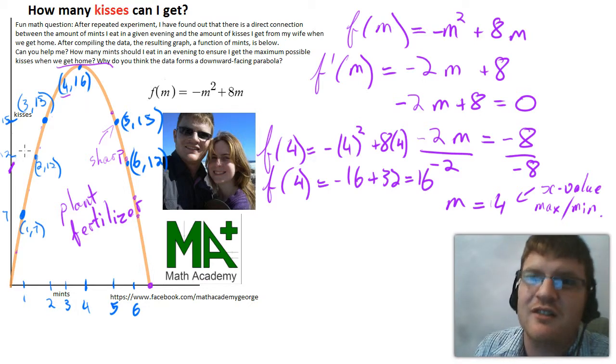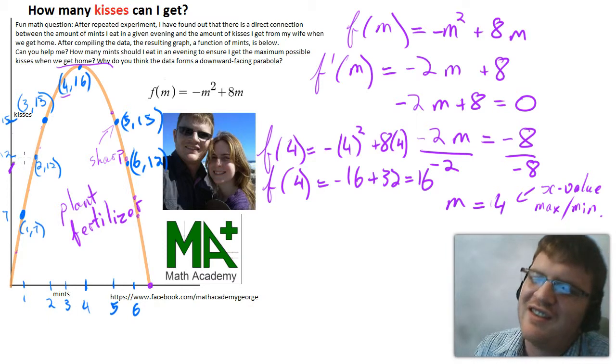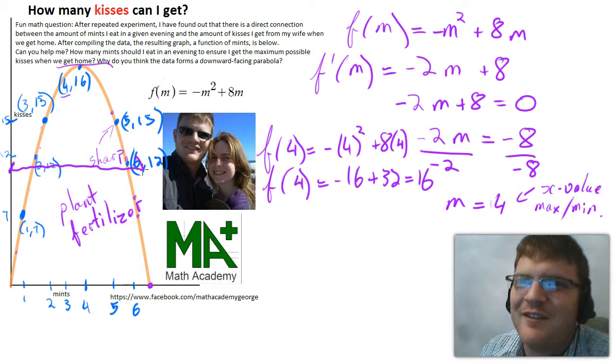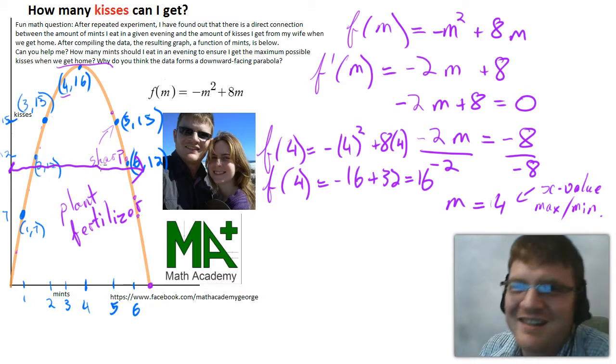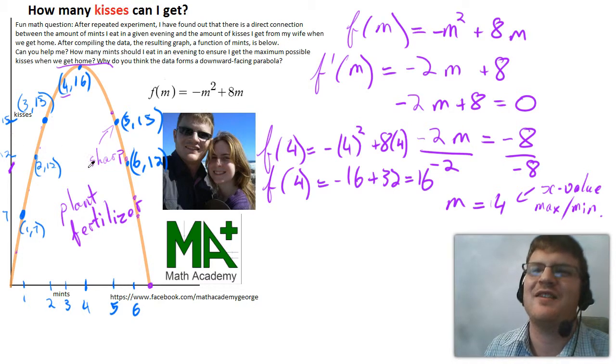The graph starts about here, and I don't think the mints really affect things that much. So maybe the graph is more like this. No matter how many mints I eat, I still get a set amount of kisses. But it's a fun way. I think it's a fun little problem.